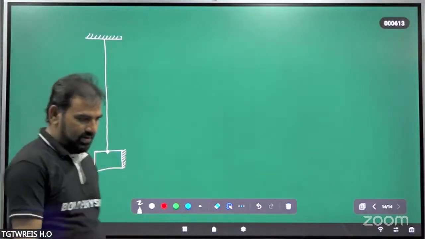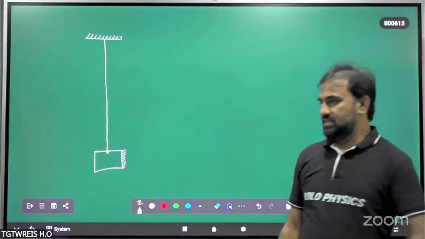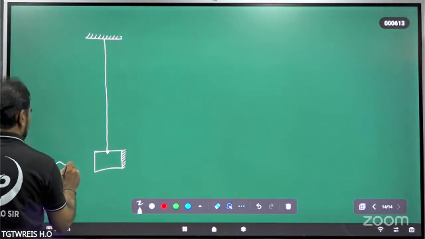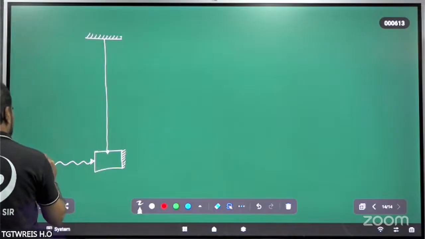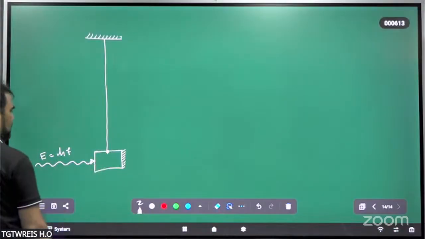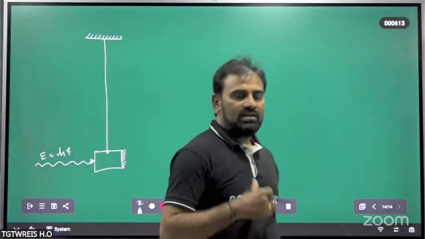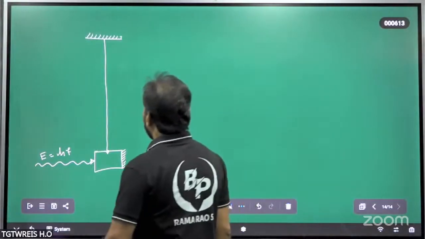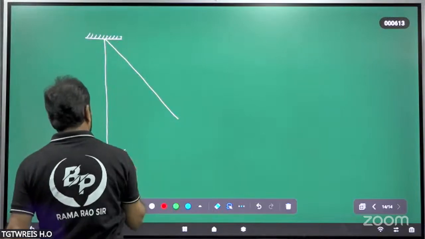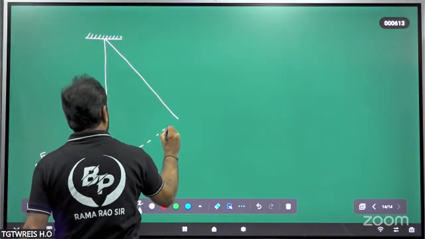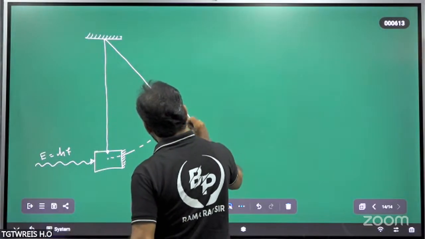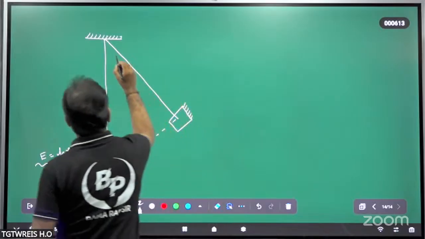When a laser light having energy E equal to hf is incident on the mirror, the mirror is deflected through a small angle theta with the vertical, like this.